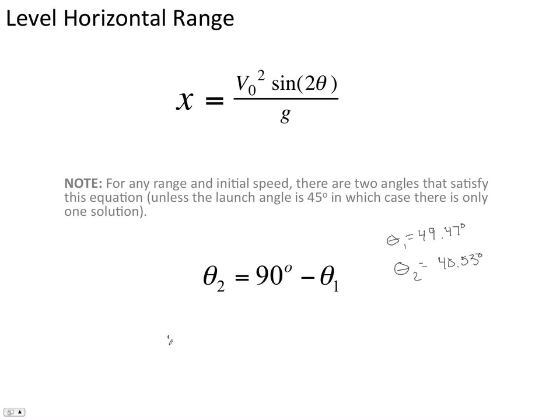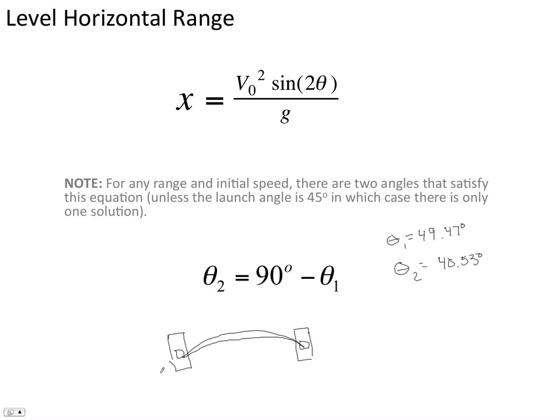Okay, so you can imagine, here's your dorm room, here's your friend's dorm room, and you can launch a balloon at 49 degrees, or you can use a more shallow trajectory and have the same range. There's two trajectories that are going to give you the same range, unless the launch angle is 45 degrees. And then that corresponds to the maximum range.